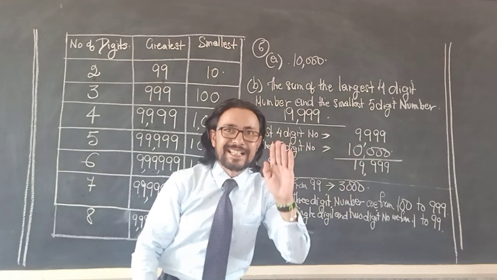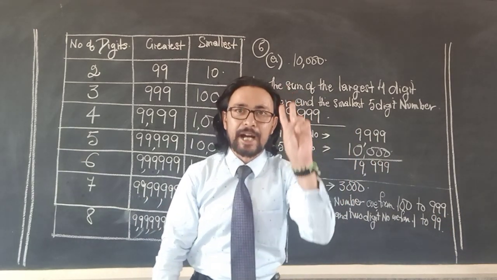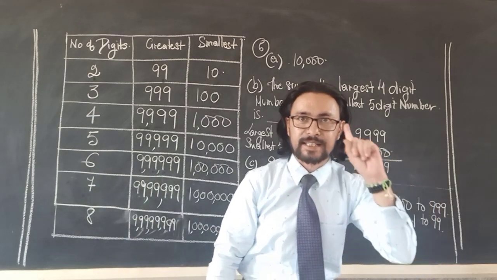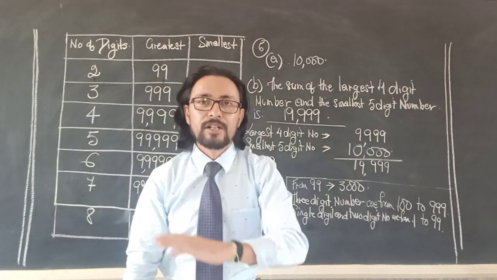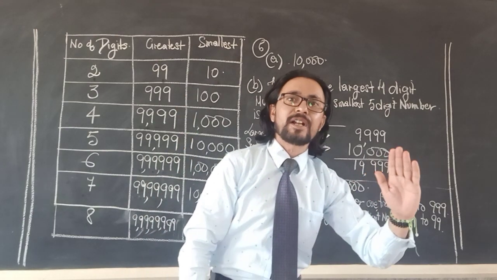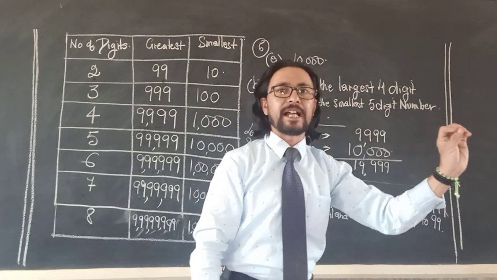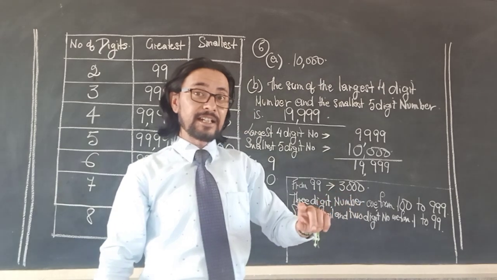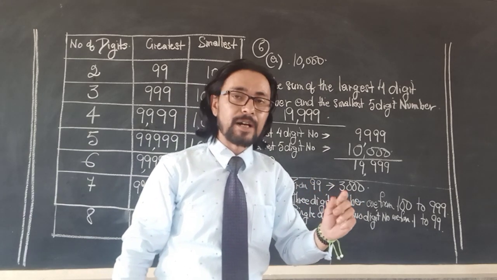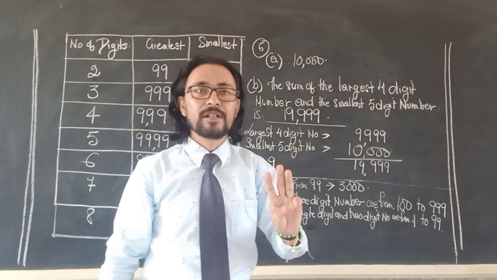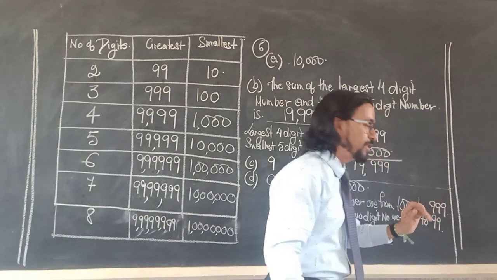So all my single-digit numbers and double-digit numbers, that means 1 to 9 is single-digit, 10 to 99 is double-digit, are from 1 right up till 99. After 99, everything changes. The moment I add 1, it becomes 100. It becomes a 3-digit number. So I have to count from 100 till 999.